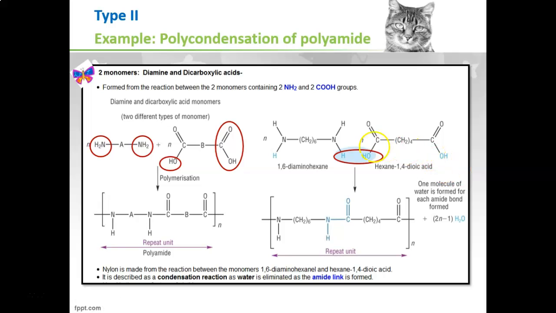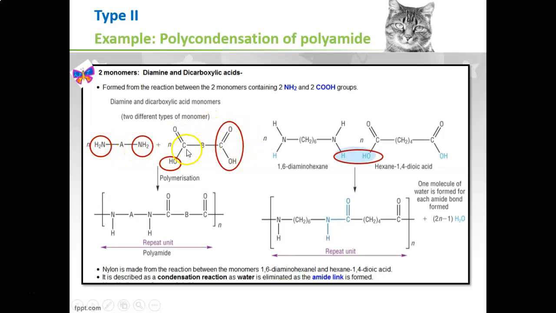Type 2, for example, is the polycondensation of polyamide, formed from the reaction between two monomers containing two NH2 and two COOH groups. As I mentioned earlier, in type 2 we have two types of functional group. For example, we have monomer molecules in compound A and molecules in compound B. In compound A, they have the same functional group.